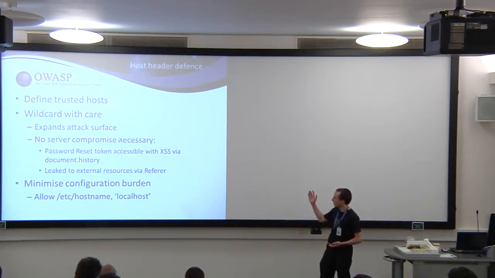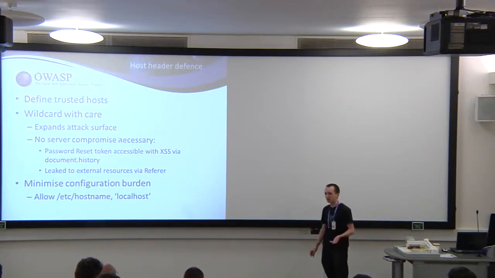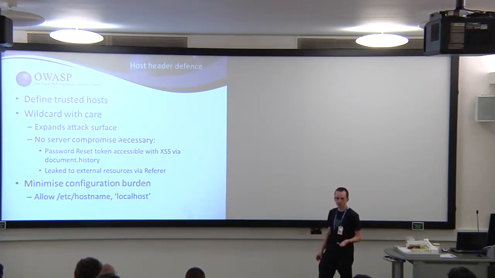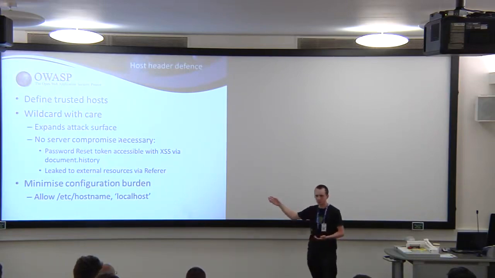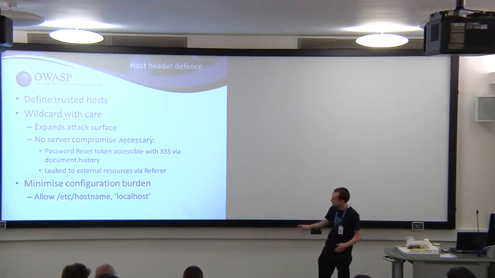One major company whitelisted all of their subdomains. And that was a problem because one of their subdomains had persistent cross-site scripting on it, so I could direct users' reset tokens to that subdomain, wait until they ran into the cross-site scripting payload, and then use document.history to grab the token from the browser's history.